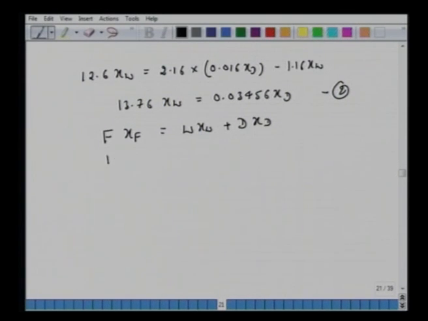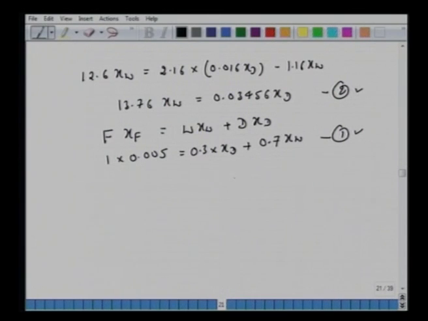F is 1. Xf was given as a mole fraction of 0.005. D we calculated as 0.3, so 0.3 into Xt, plus W we calculated as 0.7 into Xw. So this was the first equation, and now we have the second equation.